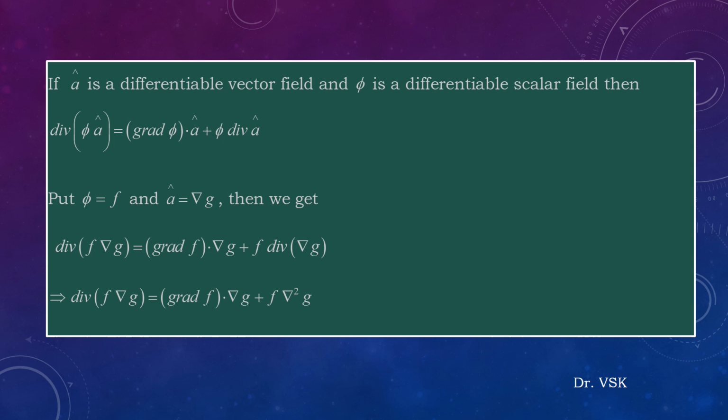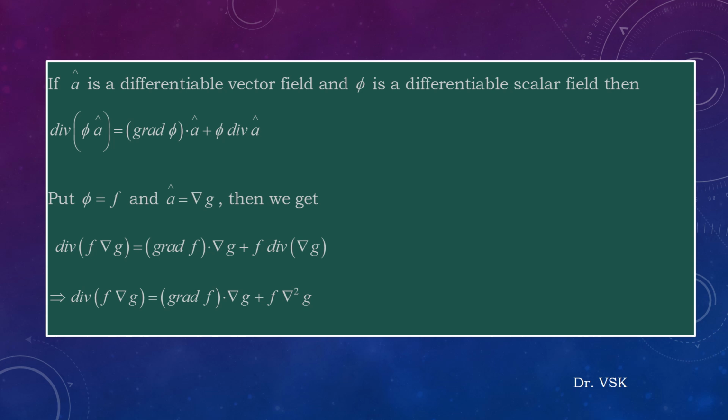In the previous identity, div phi a cap, the RHS is grad phi dot a cap plus phi div a cap.